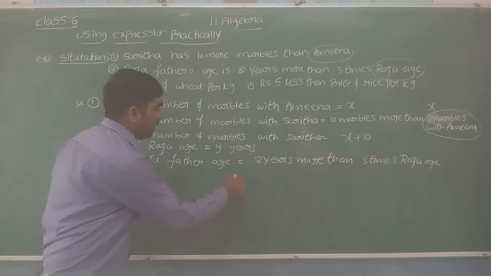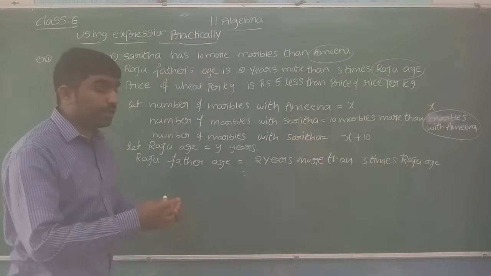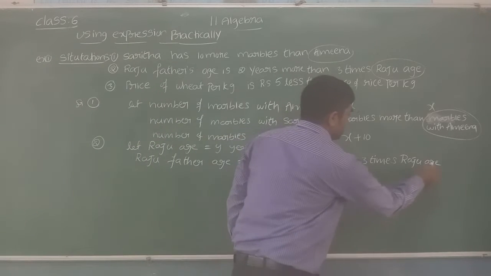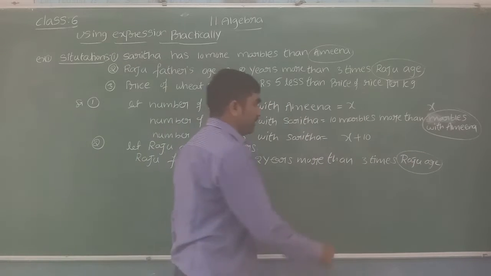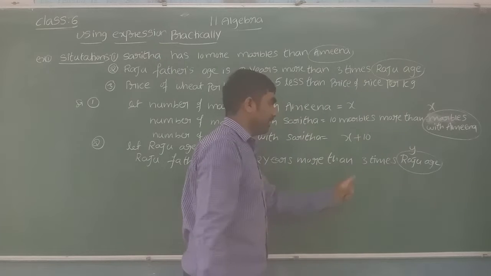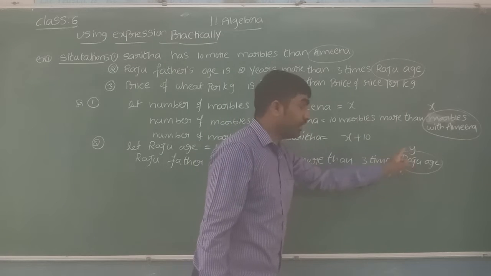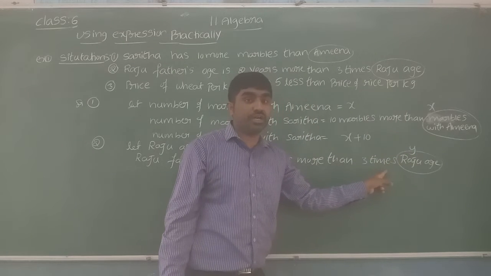Now we will write this as an expression. When you are writing the expression, try to come from backwards. What is Raju's age? We took it is Y. 3 times of Y. Times of means what I said, which operation? Into.